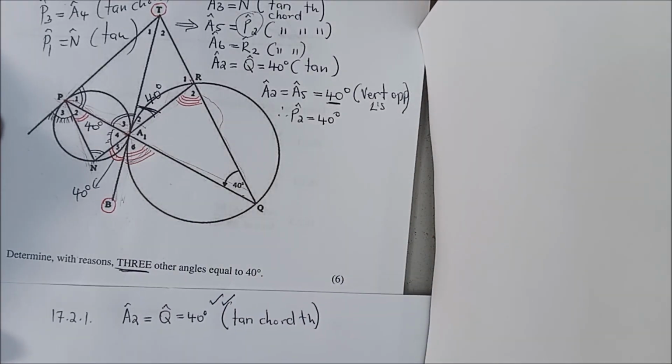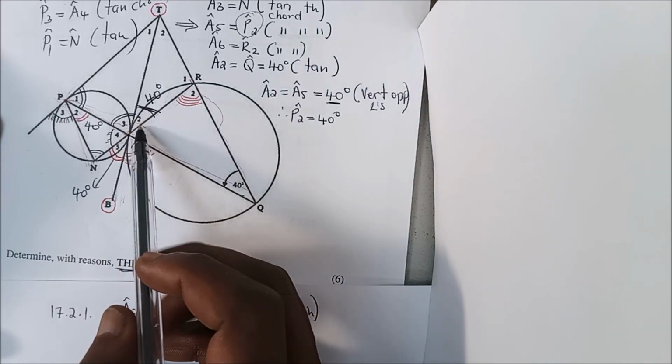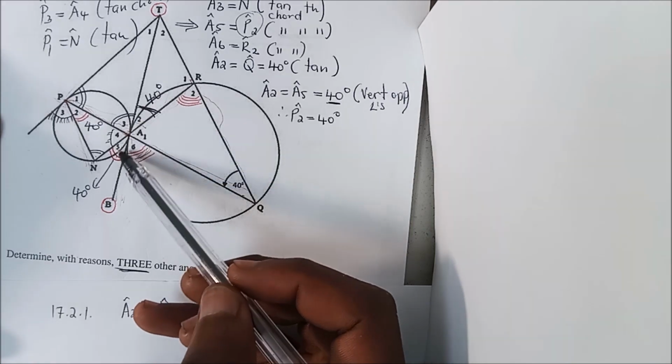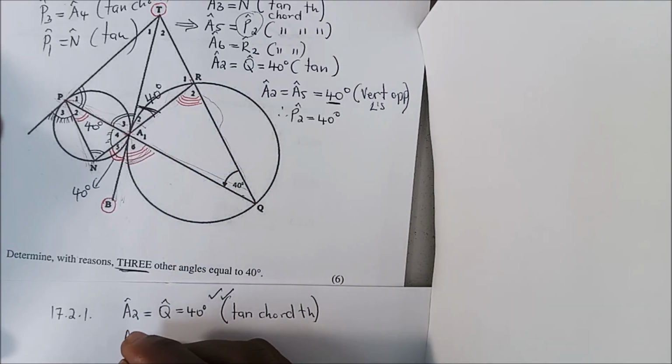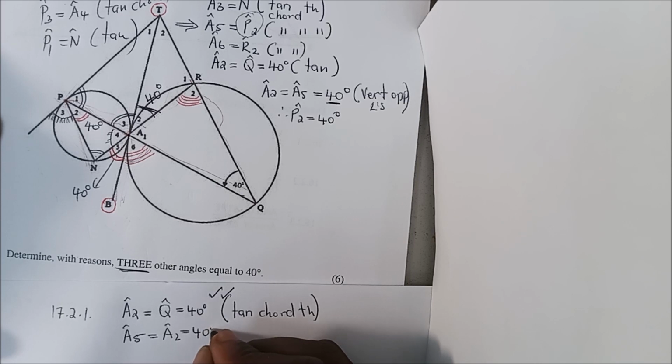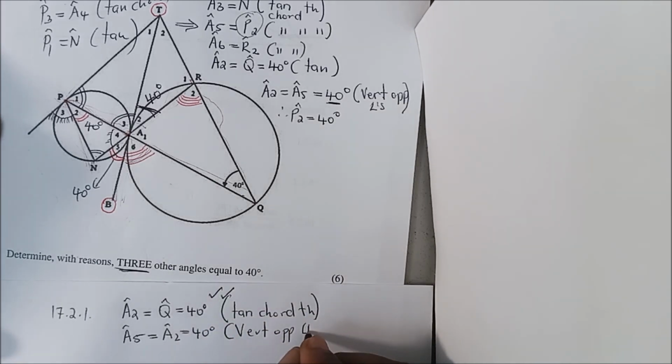So that's the first one. They said they want 3 angles. And then remember we said if you look at A2 and A5, they are vertically opposite angles. So that means A5 equals A2 equals 40 degrees. Then the reason will be vertically opposite angles.